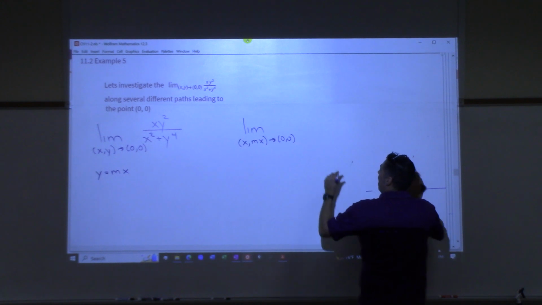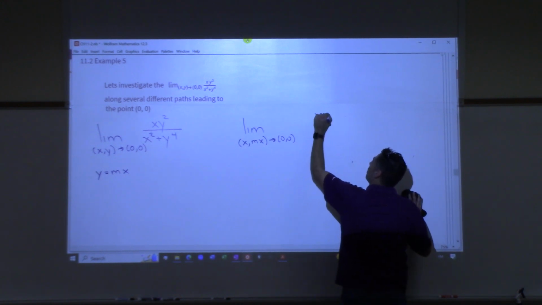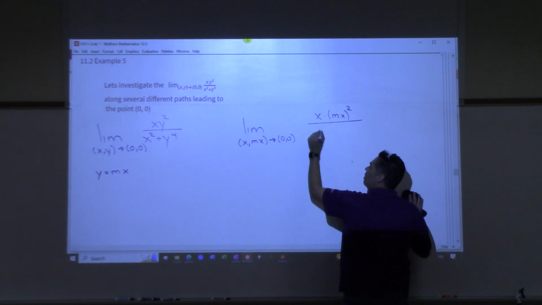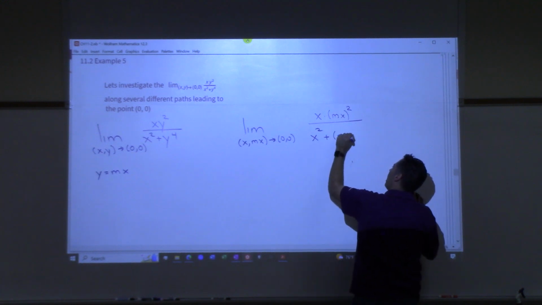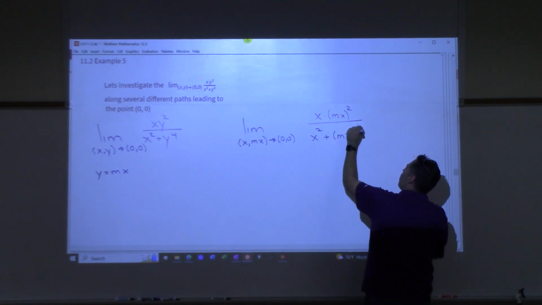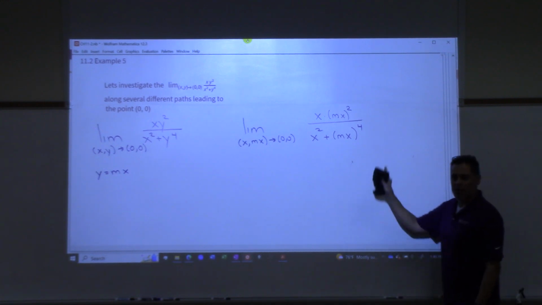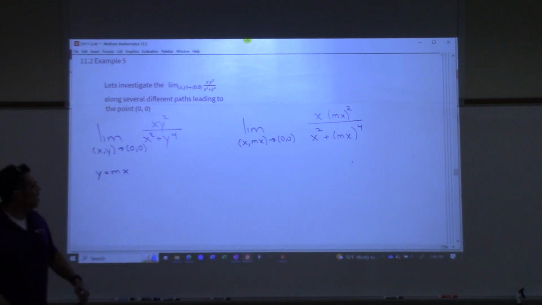And then I'm going to have x, mx squared over x squared plus mx to the 4th power. Do y'all see I've just replaced all the y's with mx's? And now I'm just going to clean this up algebraically, see what I get.